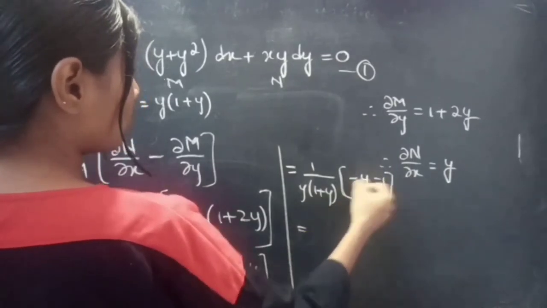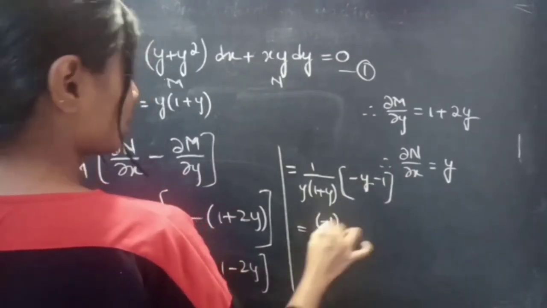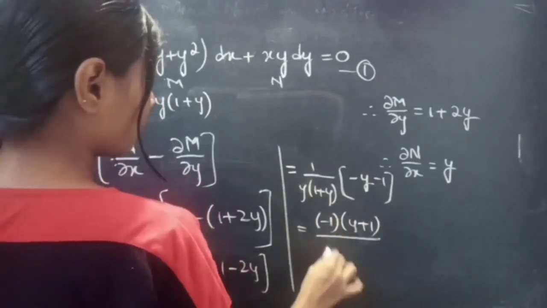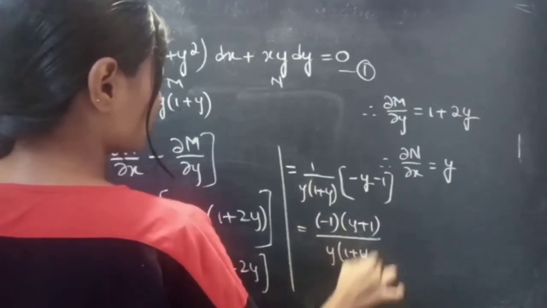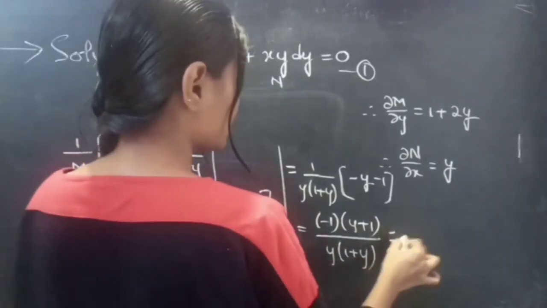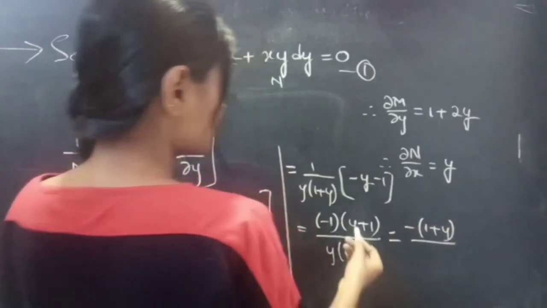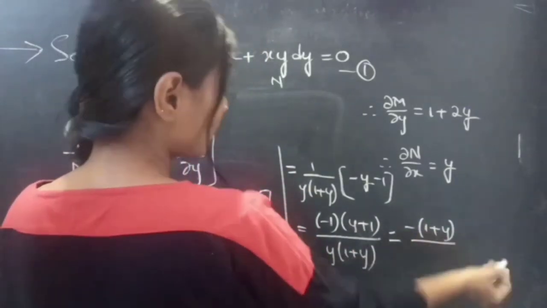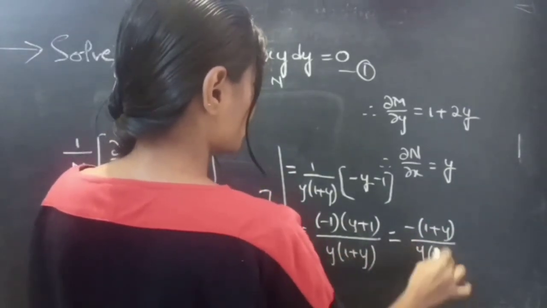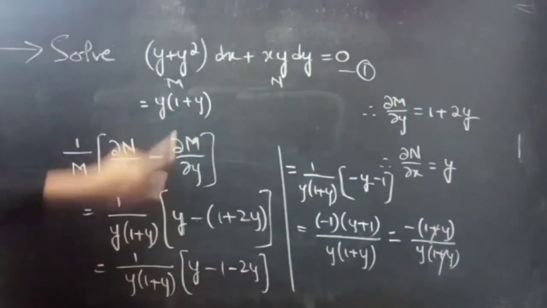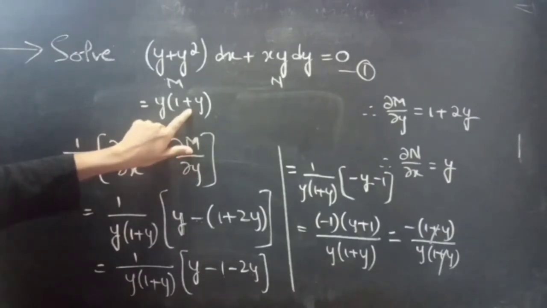Take minus 1 common from these two, then you get minus 1 times (y plus 1) by y times (1 plus y). Or you can write this as minus of (1 plus y). Simply rewrite y plus 1 as 1 plus y by y times (1 plus y). So here 1 plus y gets cancelled, as I said earlier.